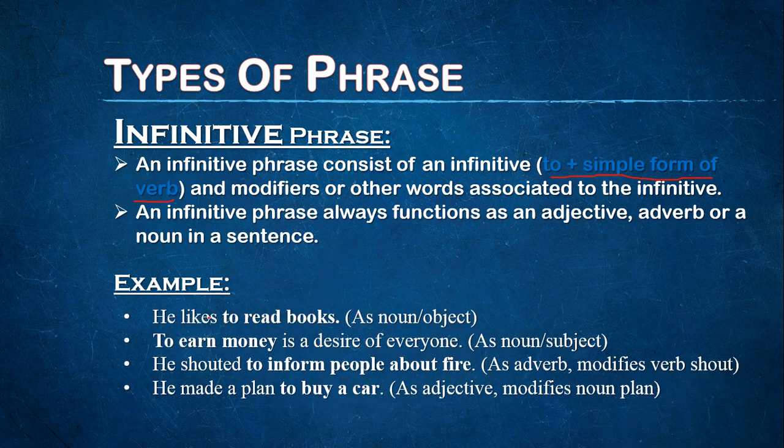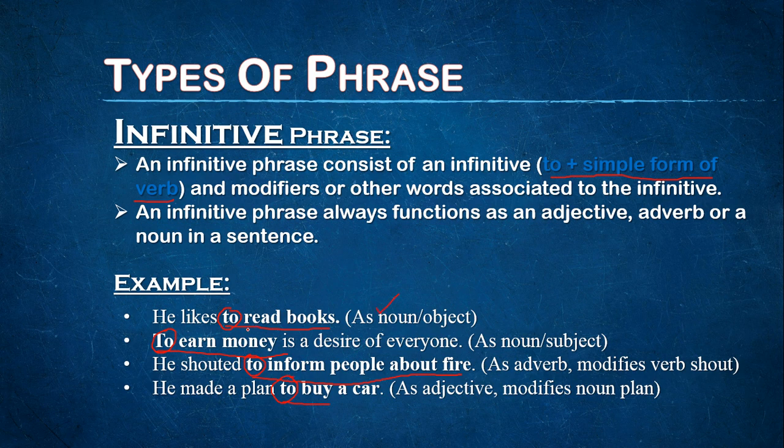For example, he likes to read books. To earn money is a desire of everyone. He shouted to inform people about fire. He made a plan to buy a car. So, an infinitive phrase is very simple and we can easily recognize it from the word to plus the simple form of the verb.